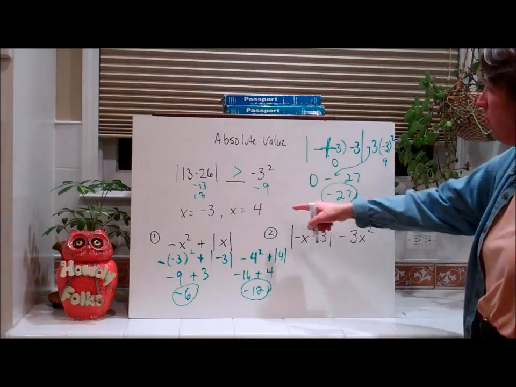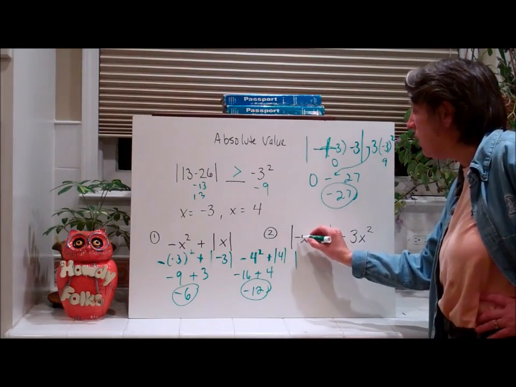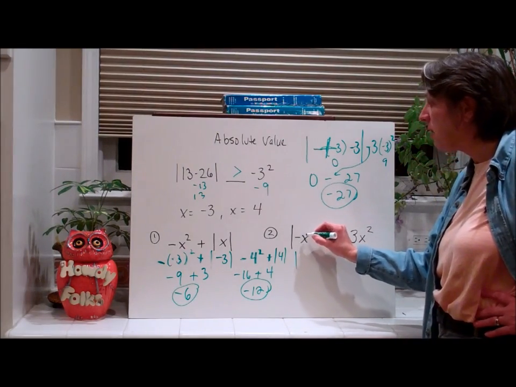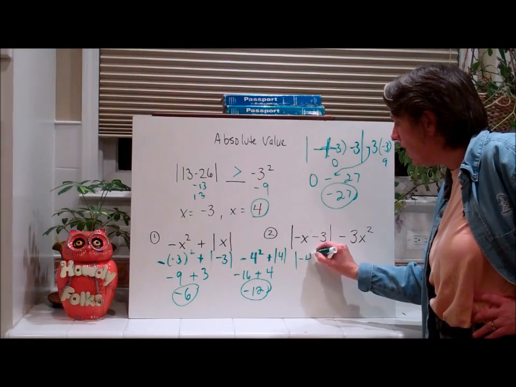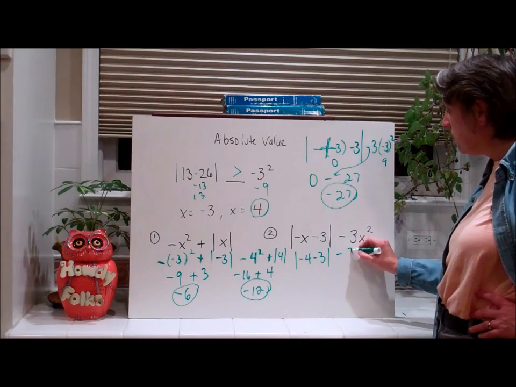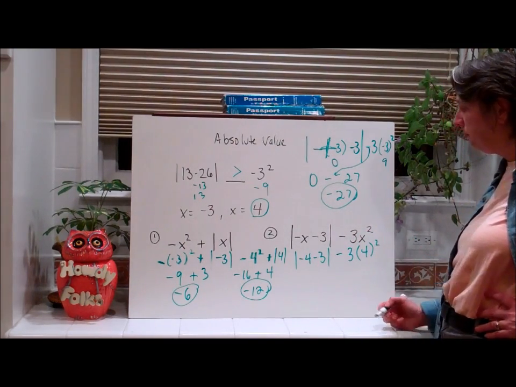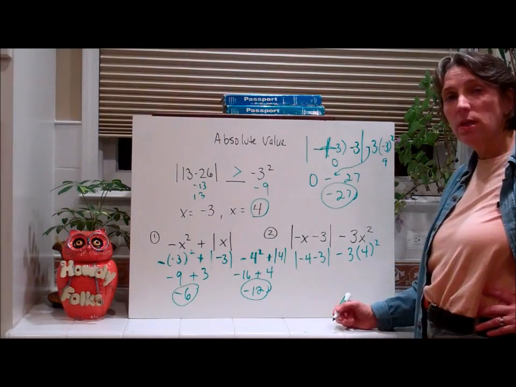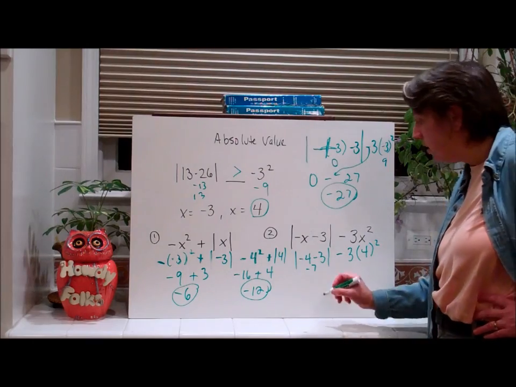Now we're going to do this one where we plug in a 4. It's a little bit easier. We get the absolute value, and this is the opposite of x. Well, if x is 4, the opposite of 4 is negative 4, minus 3, minus 3 times 4 squared. Negative 4 minus 3 is negative 7, but the absolute value of negative 7 is 7.